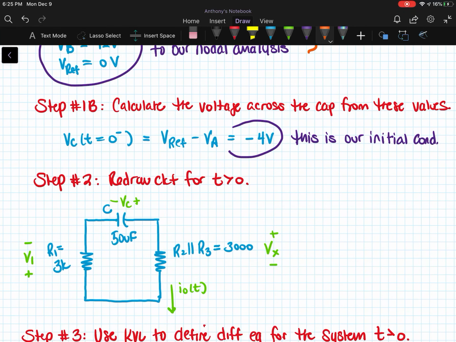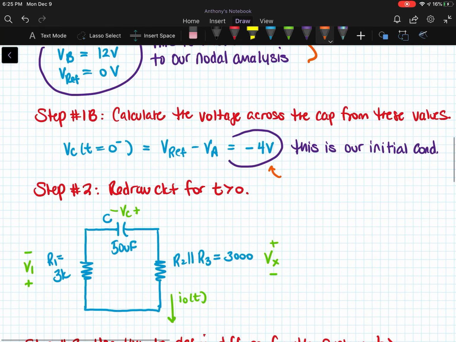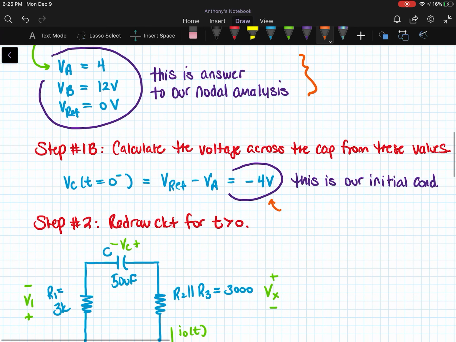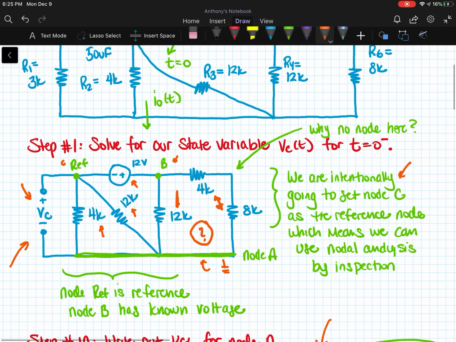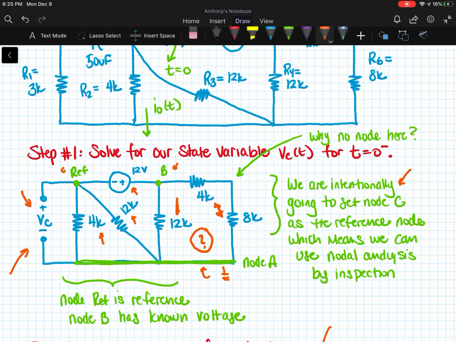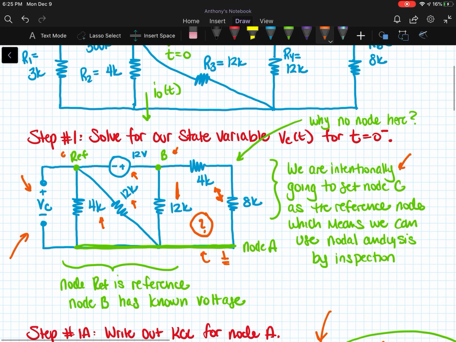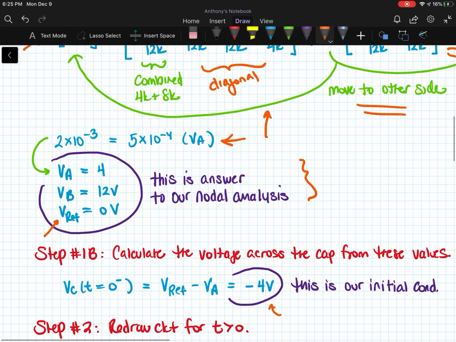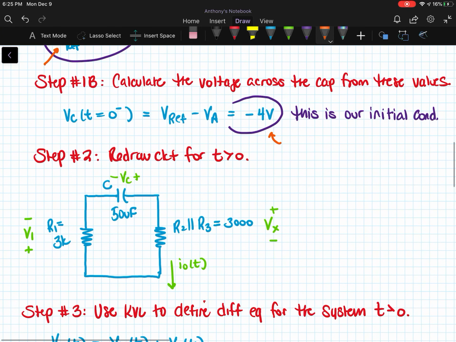We can use that value of VA to acquire our value of the voltage across the capacitor. Sorry if there's any confusion of me calling this VC sometimes, but the voltage across the capacitor is going to essentially be VA minus V ref, which, sorry, that's backwards, should be V ref minus VA.